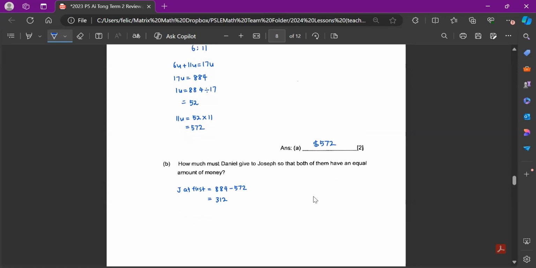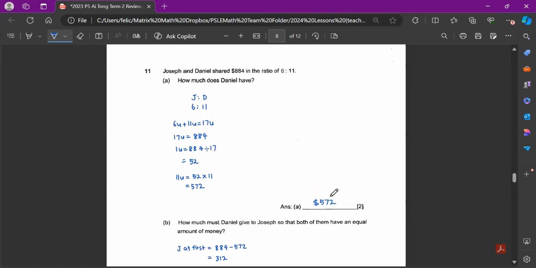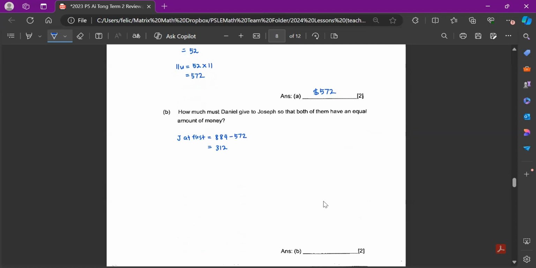So using this 312 and the 572, which is Daniel at first, I'm going to create the before information first. So J is $312, Daniel is $572. I'm going to show the change. So the change is that Daniel is giving to Joseph, but we don't know how much he paid, so I put minus question mark. Whereas Joseph is receiving, so Joseph plus question mark, with money increasing.